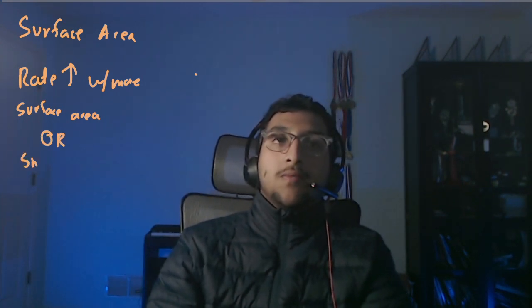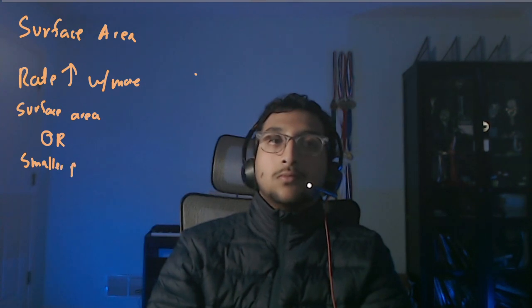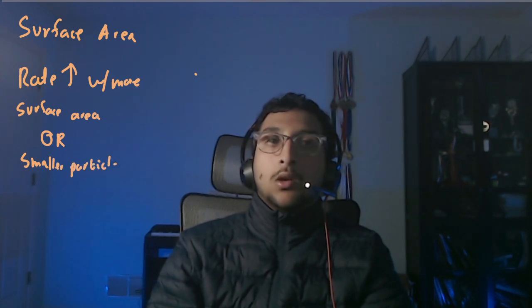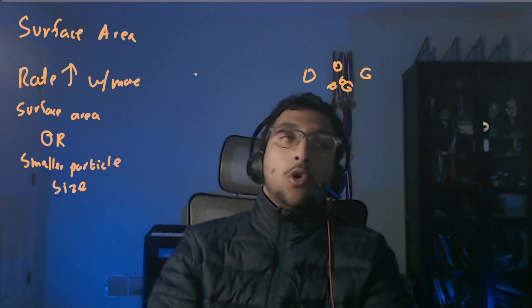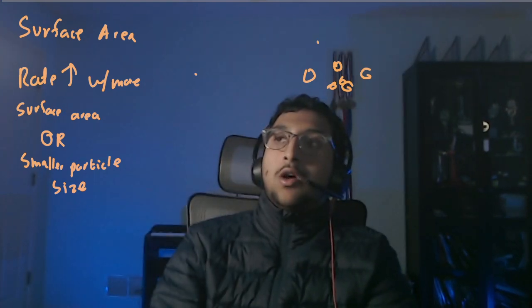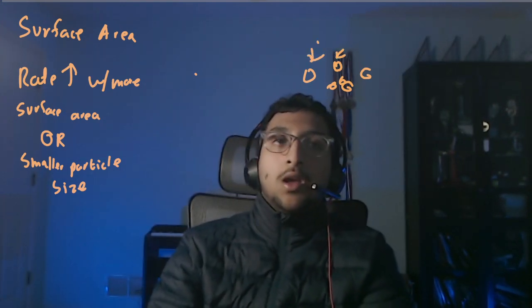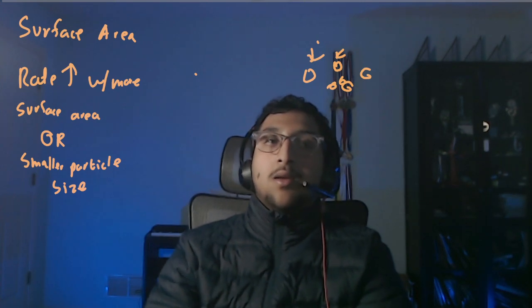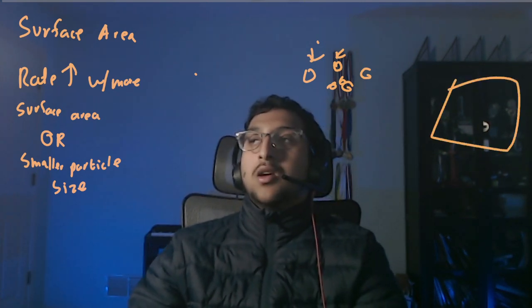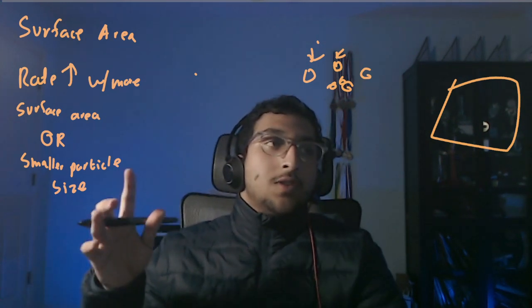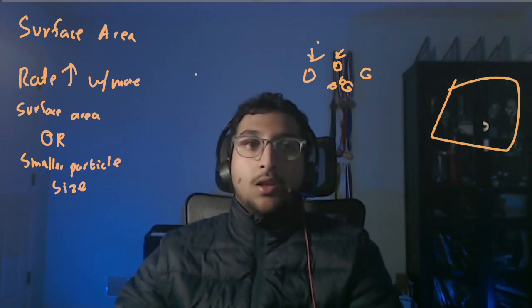Smaller particle size. So breaking a solid into smaller pieces can allow more molecules, so more of the other reactants, to come and mix and collide at the same time. Same with surface area, that's just more space for other reactants to join and collide and react.